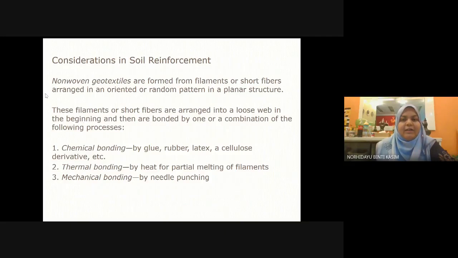Non-woven geotextile is formed from filament or short fiber.